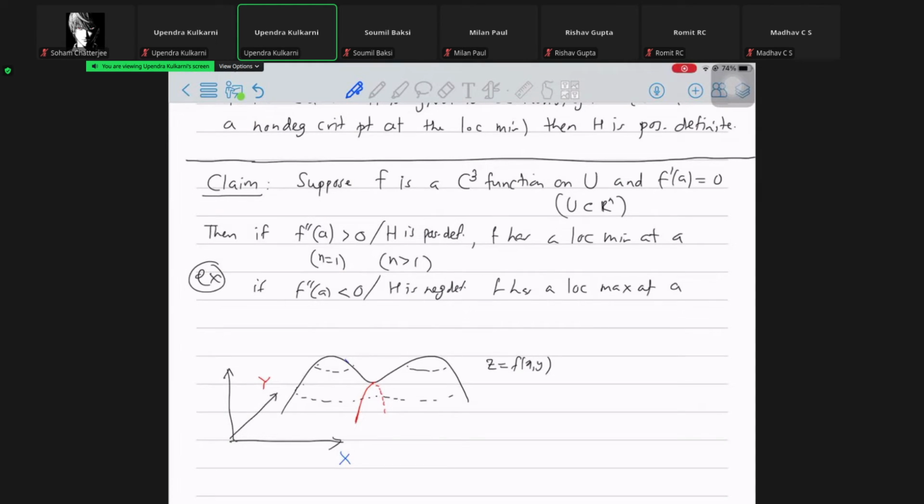So this is the curve in the x direction at that point, and then they're meeting at that point. So the way I have drawn it, the eigenvectors of the Hessian are just in the x and y direction, respectively. So what will I get? I will get del 2 f by del x 2.